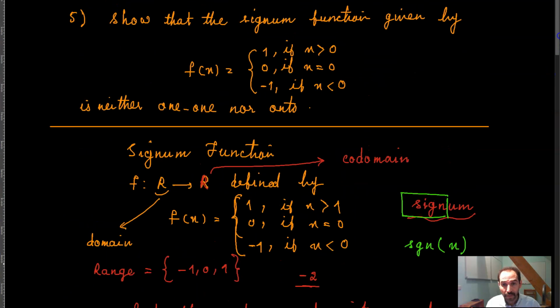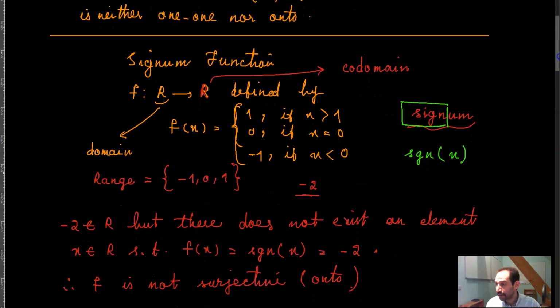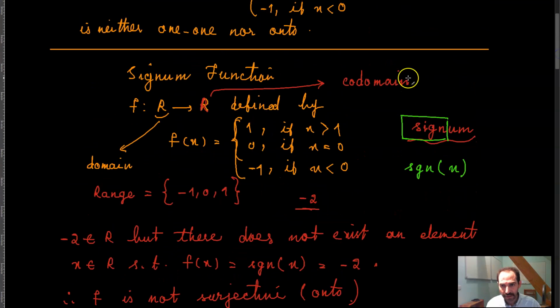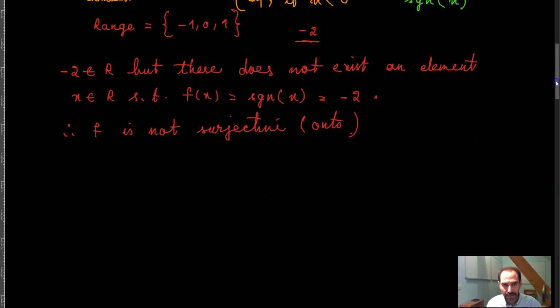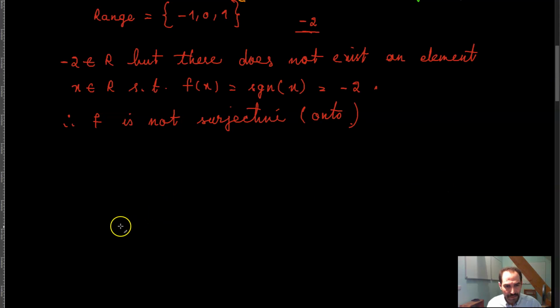Now, as long as we are talking about the signum function itself, you can imagine that the graph of the function is something like this. Suppose this is 1 and this is -1.